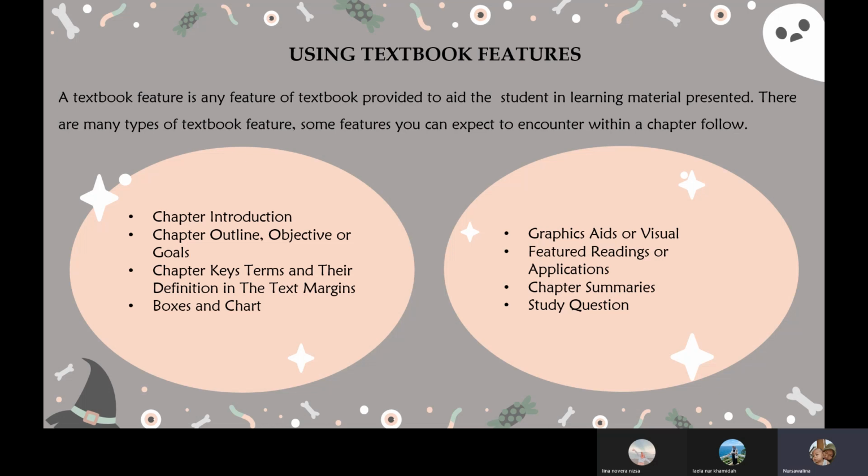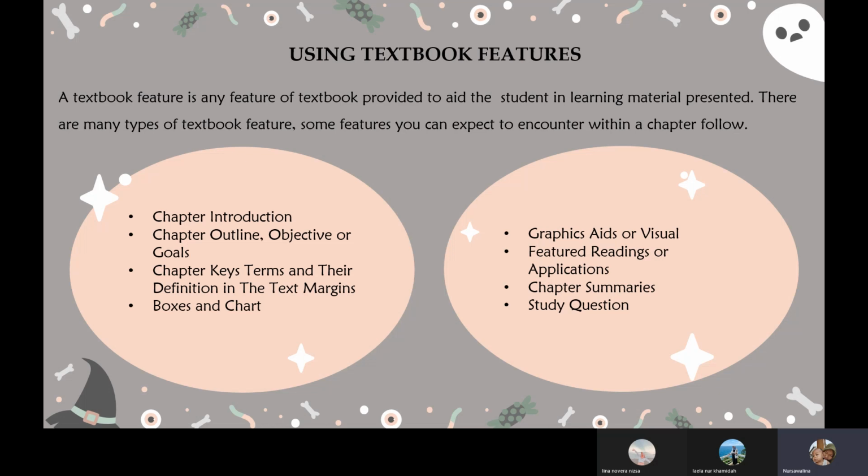Second, chapter outline, objectives or goals are usually presented as an outline of key subjects or topics to be discussed in the chapter. And the third is key terms and their definitions in the text margin or otherwise emphasized.